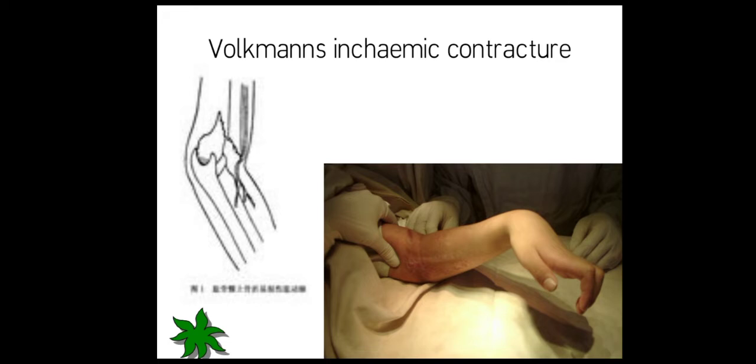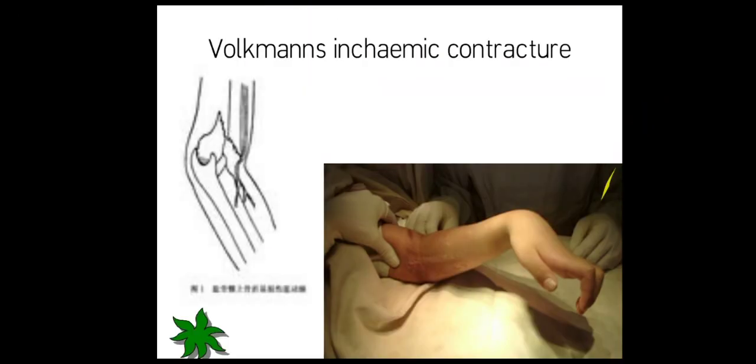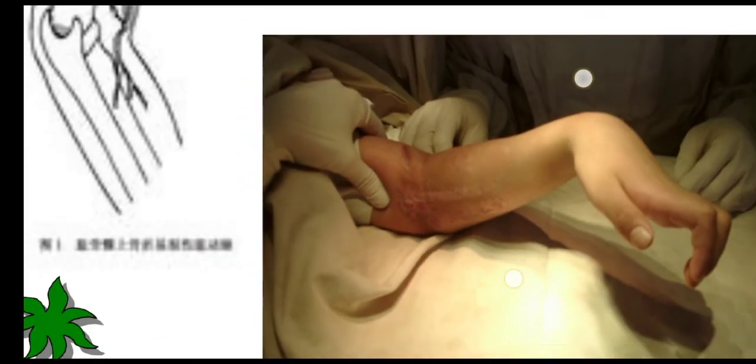The muscles go into contracted form and they remain like that forever, and they are shortened in length and form a fibrous like tissue, blackish fibrous like tissue, and hence that results in this particular claw like deformity of the hand that is shown here. Here, there is formation of the contraction.